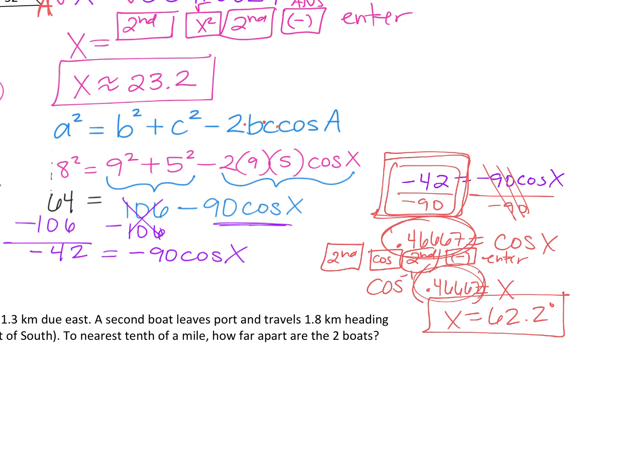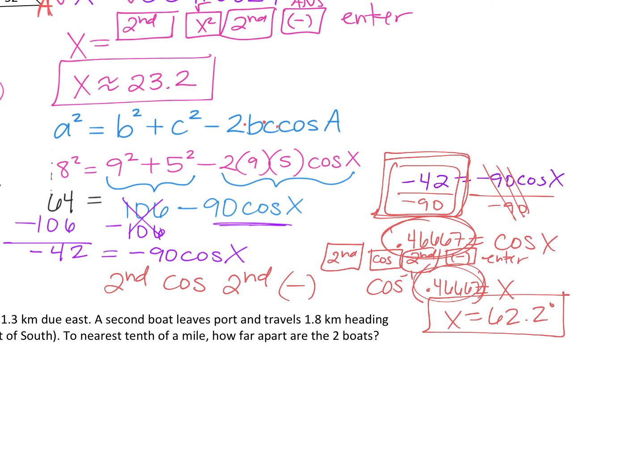Are you getting that? Okay, so from that calculator screen, now you're going to hit second. But don't clear it yet. Yeah, you need that number on your screen. So second, and then cosine, and then second, and then that negative button next to your enter button, and then hit enter.